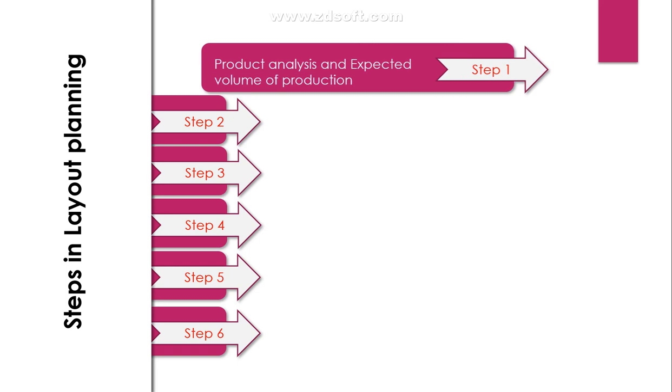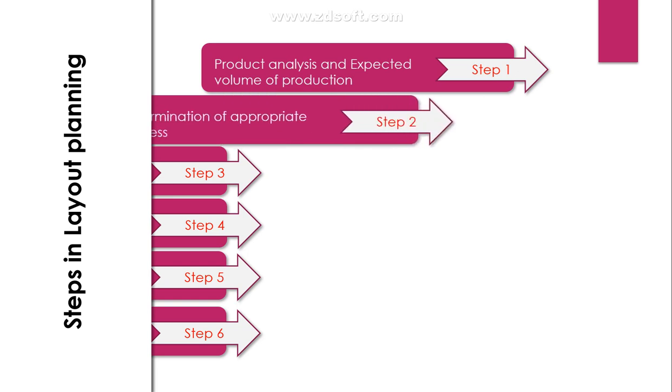As a manufacturing industry, first we need to have an idea and a decision about the product we are supposed to produce. The design, the size and the other elements of the product have to be analyzed, and the expected volume to be produced by that plant has to be decided, which is a very important factor in designing the plant layout.